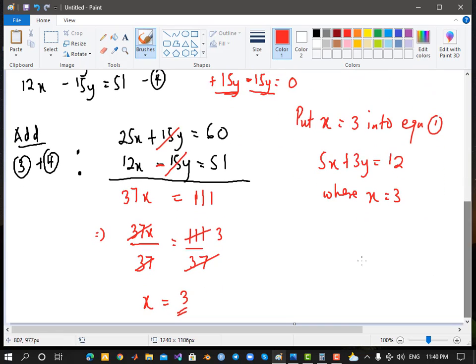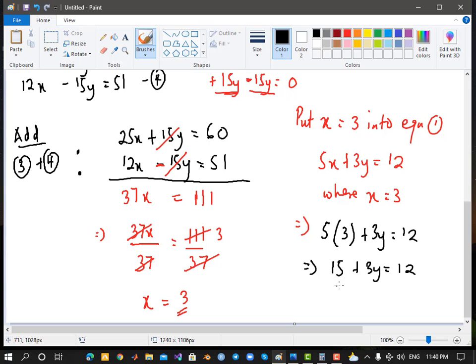So wherever we see x, we put 3 there. We are going to get 5 times 3 plus 3y equals 12. 5 times 3 is 15 plus 3y equals 12.